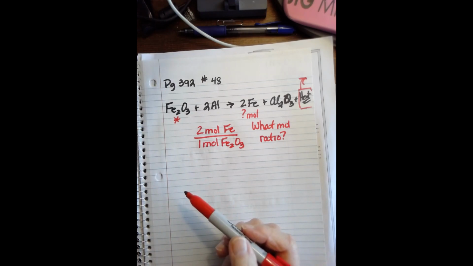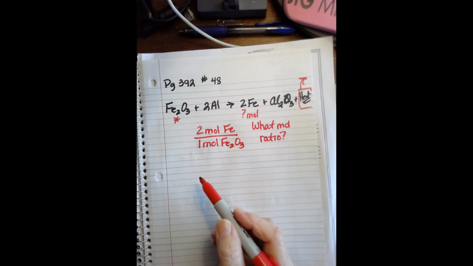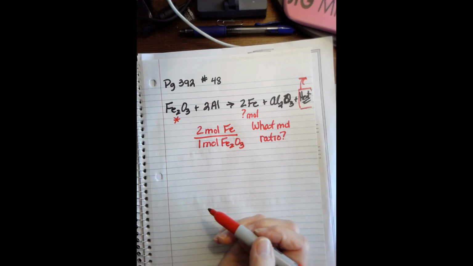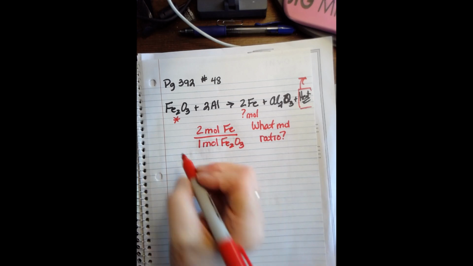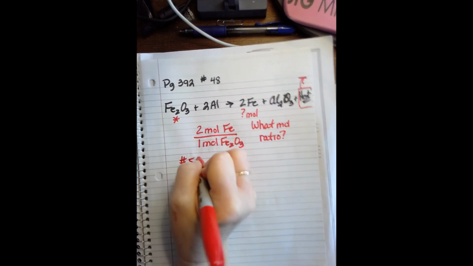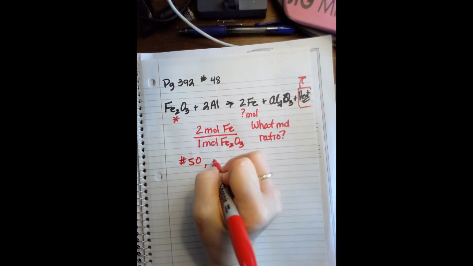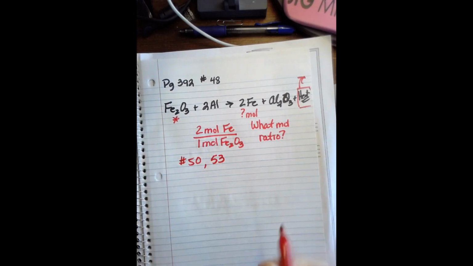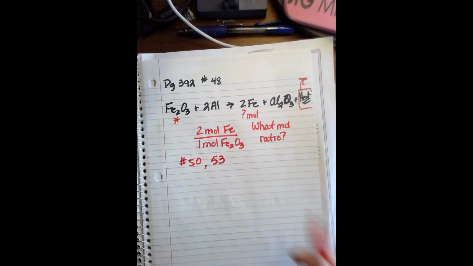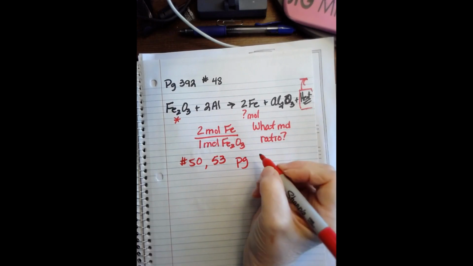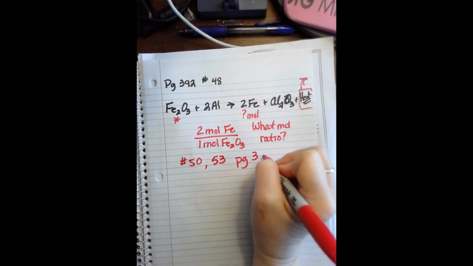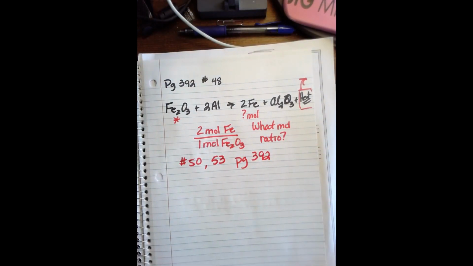All right, now from this review, your task then is to find answers to number 50 and number 53 on this very same page, page 392. So that's a review question from the very first section.